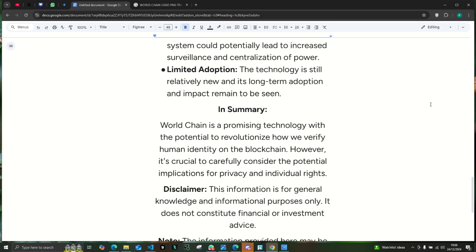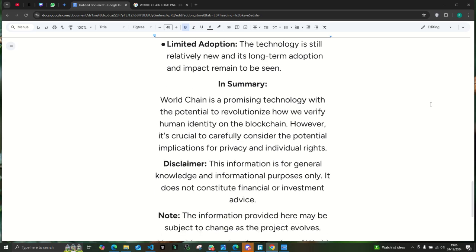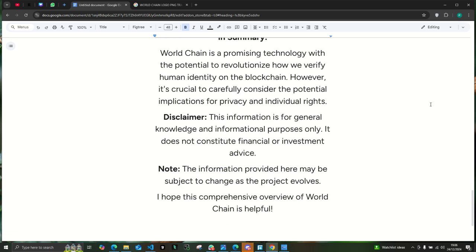Please note, this information is for general knowledge and informational purposes only. It does not constitute financial or investment advice. The information provided here may be subject to change as the project evolves. I hope this comprehensive overview of WorldChain is helpful to you.